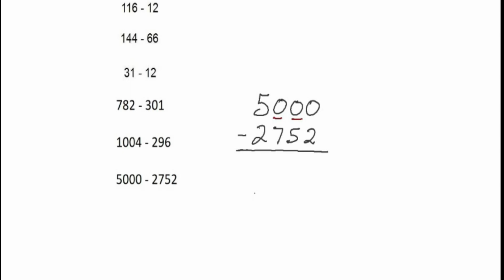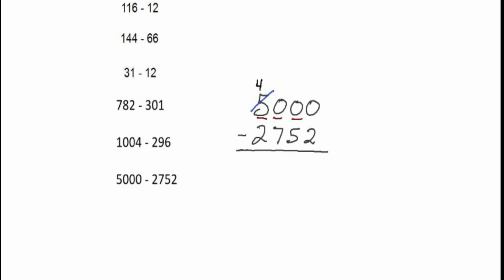So we must continue to the left, moving over to the next number in the thousands column. We have 5. Now we can borrow. We can borrow 1 from 5. To borrow, I'm going to cross out 5, and 5 becomes 4.